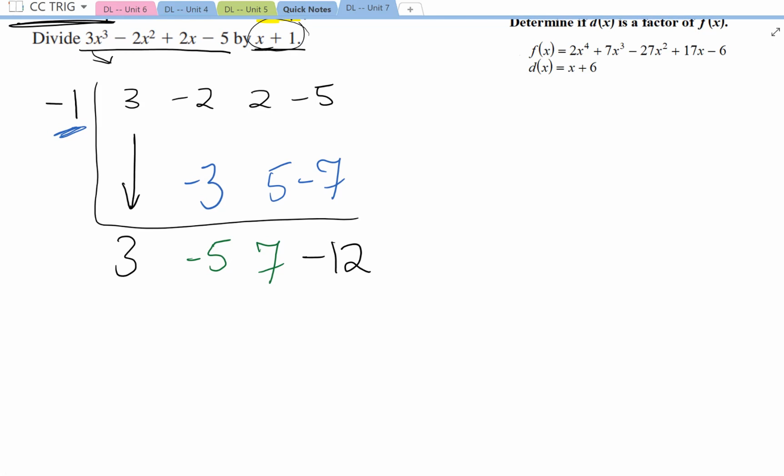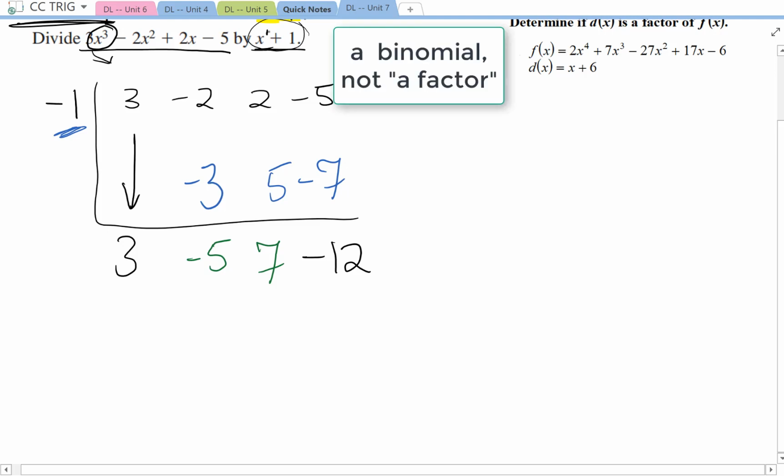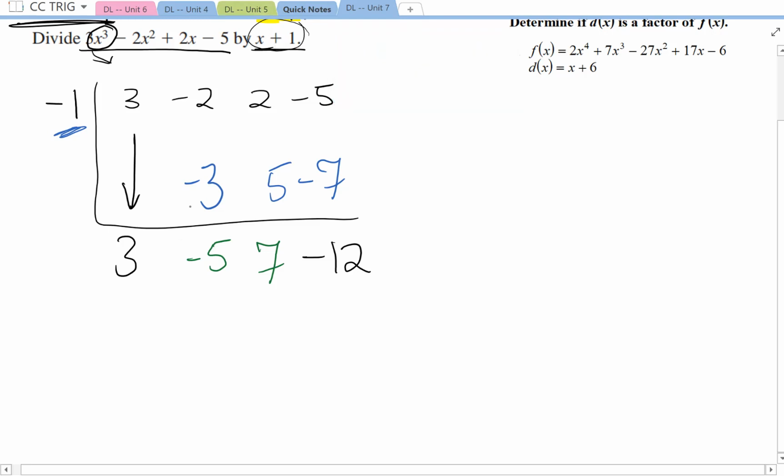If your original polynomial was x cubed and you're dividing by a factor that has x to the 1, the degree of your answer is going to be 3 minus 1, always just 1 less than the original degree. So 3x squared, and then -5 is the next coefficient, so that's attached to x. 7 is the next coefficient, and that does not have an x, so it's the constant term.